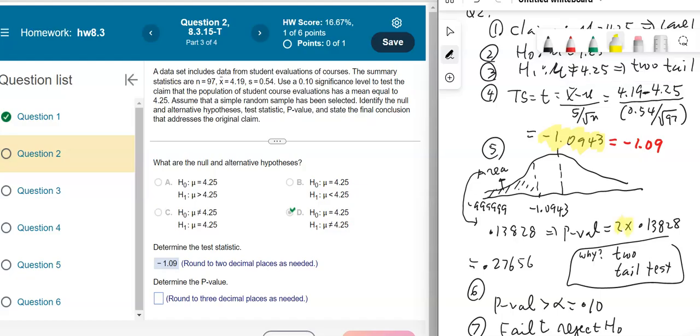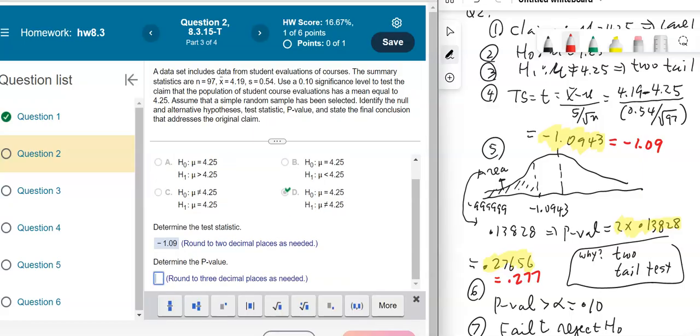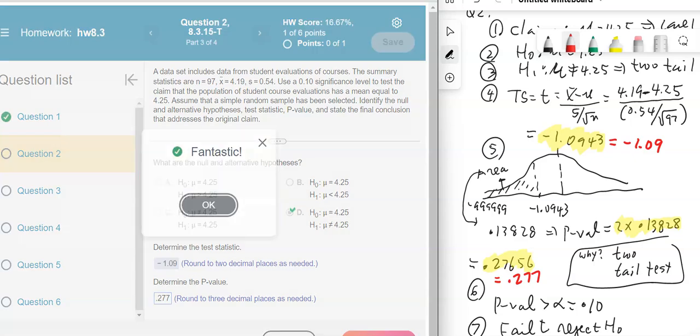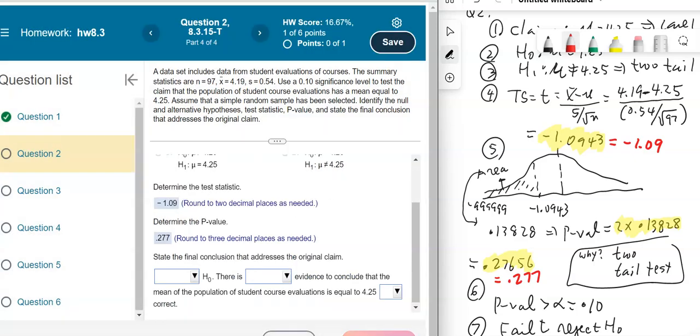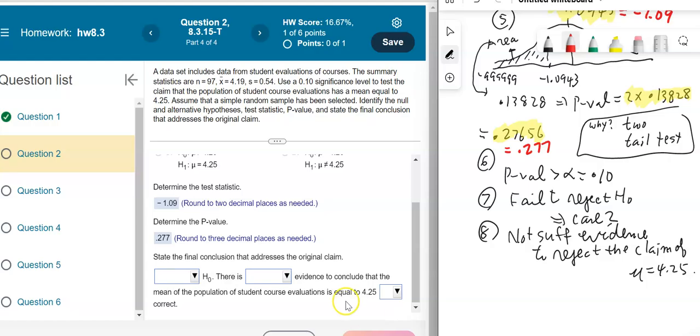You multiply by two, so this is the p-value: 0.277. And like I said, fail to reject null hypothesis.